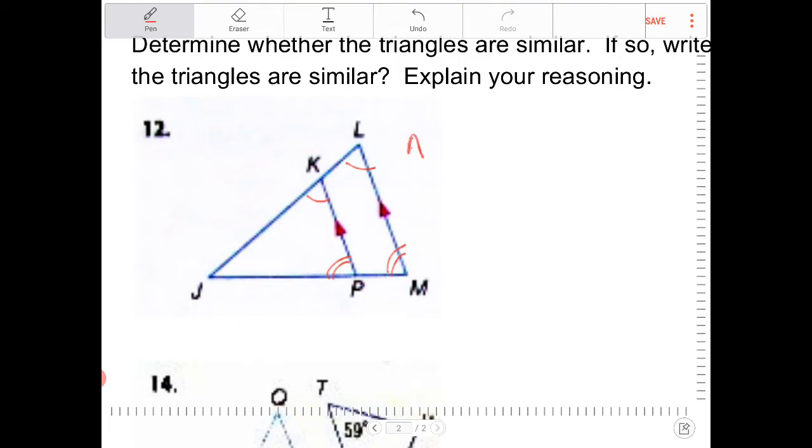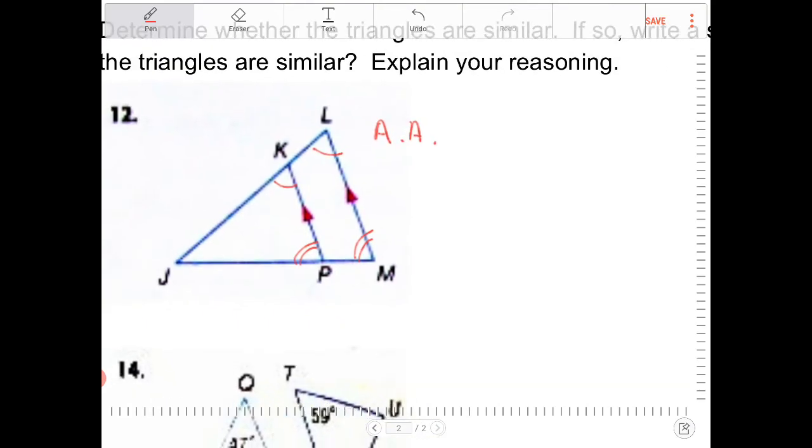So therefore, this is true. It is going to be similar because of angle-angle similarity. So triangle JKL is going to be similar to LJM. I'm sorry, not JKL. That's why I'm looking at it funny. JKP is going to be similar to JLM.